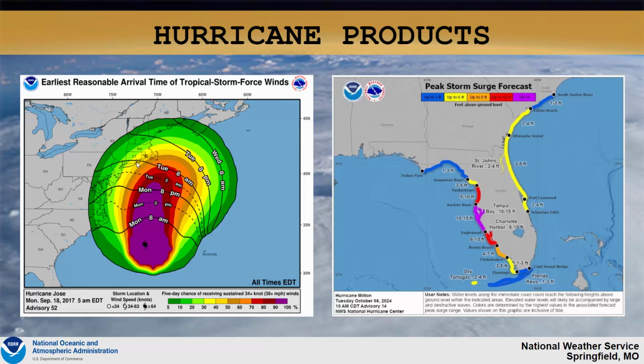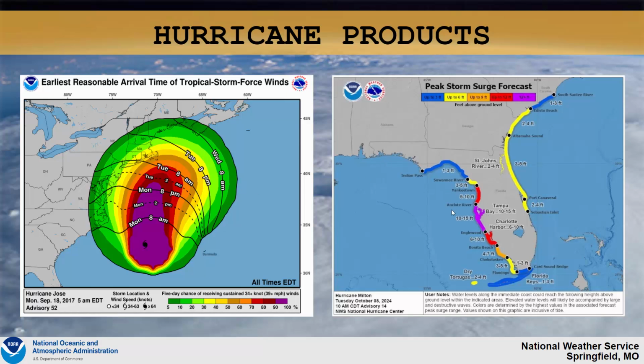So as an example, choosing just a point here, the edge of Massachusetts, this cape, has a 40 to 50% chance of seeing tropical storm force winds sometime between 8 a.m. Tuesday and 8 p.m. Tuesday. So probably sometime midday Tuesday, there's a 40 to 50% chance of seeing tropical storm force winds.